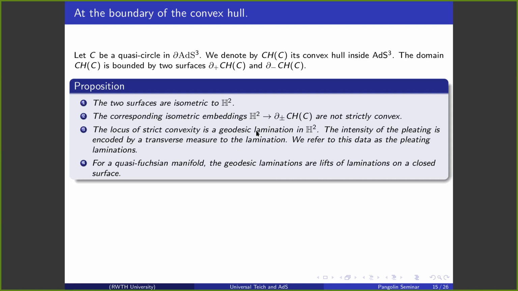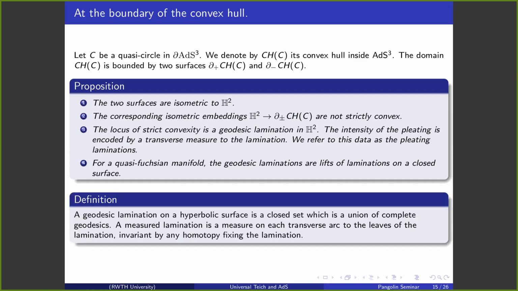And it comes with actually more than just that, because you also want to keep track of the intensity of the pleating. Those geodesic laminations are the locus where those two surfaces are pleated, they are bent, and you want to keep track if the bending is more like smooth like this, or more intense like this. And this we will get by considering a transverse measure on the lamination, which is the locus of pleating.